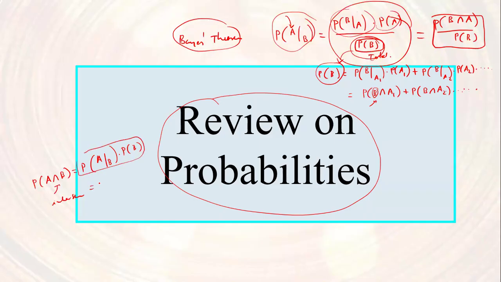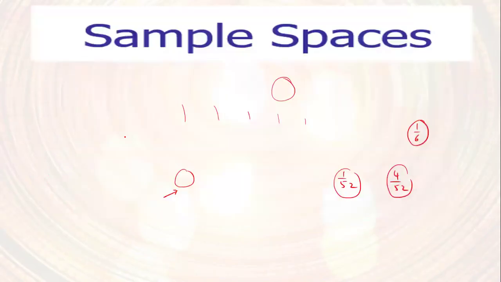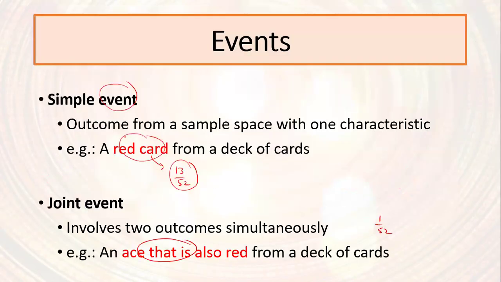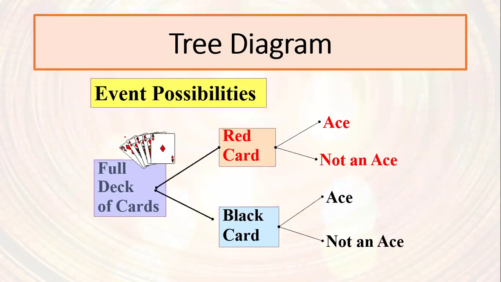You can also write the same thing as the probability of B given A multiplied by the probability of A. So this is the intersection. These formulas should be known to you almost by heart, because that's the conditional probability based theorem. You must have studied it in other courses.